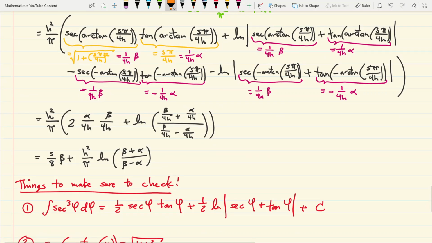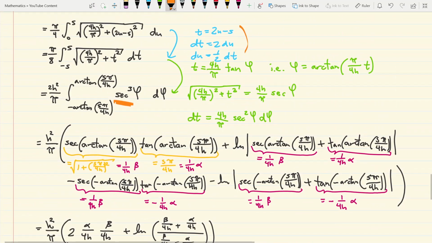So I think I have that as times 1/2. Yeah. So I say down here at the end that you should check the secant cubed formula. Okay, regardless, let's just finish this off.